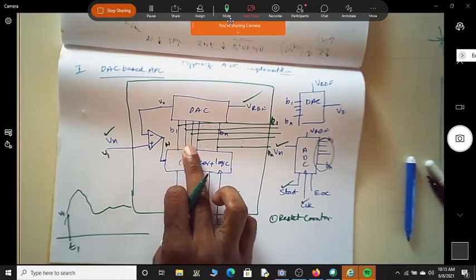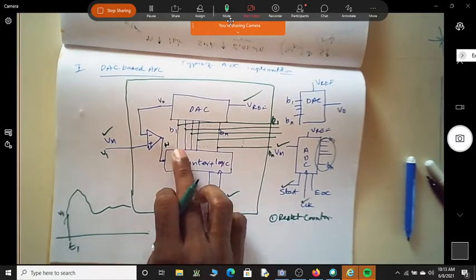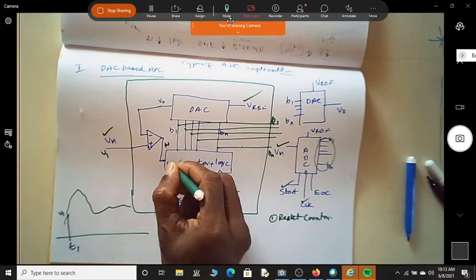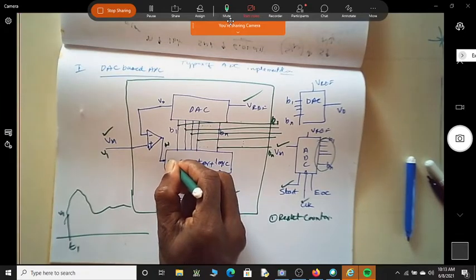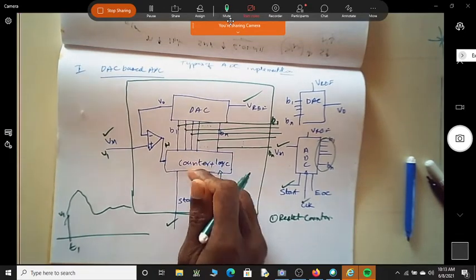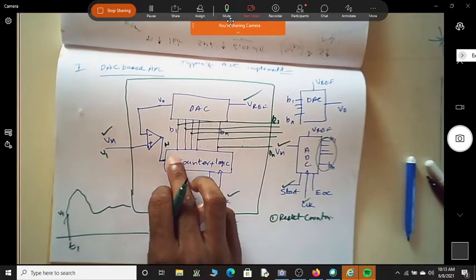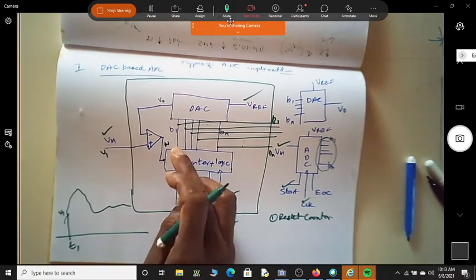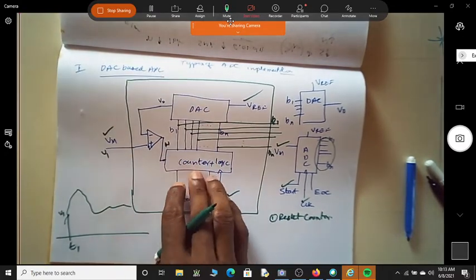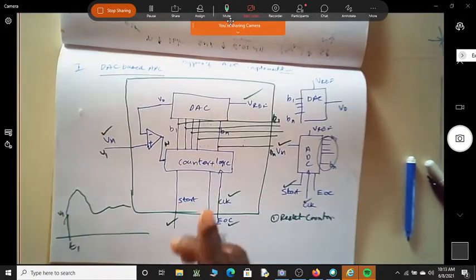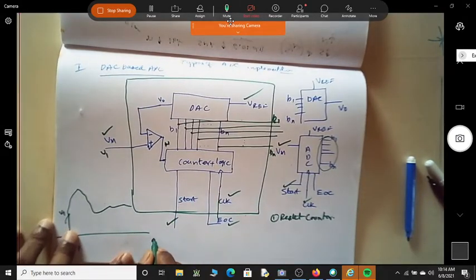Initially, the counter value is 0, 0, 0, and this is a control input which will make the counter count or stop depending on the value on this line. If the line is high, it will allow it to count, because the counter keeps on changing from 0, 0, 0, 0 to 0, 0, 0, 1, then 0, 1, then 1, 1, 0, 0.